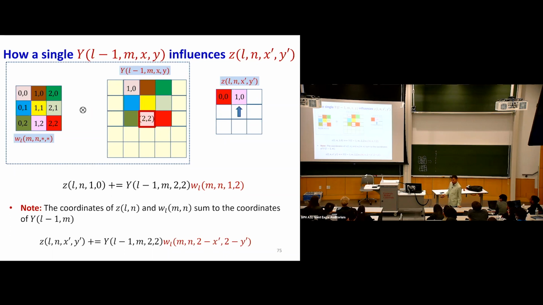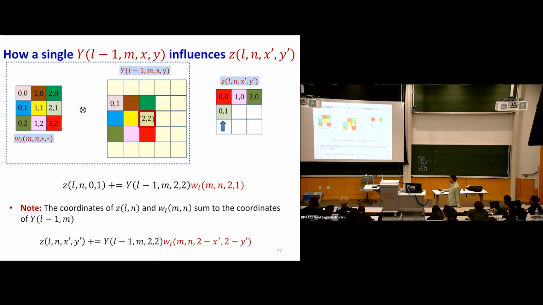And this will always be the case, right? Check over here: 0,0 plus 2,2 is 2,2, right? 1,0 plus 1,2 is 2,2. 2,0 plus 0,2 is 2,2. 0,1 plus 2,1 is 2,2. 1,1 plus 1,1 is 2,2. 2,1 plus 0,1, also 2,2, right?